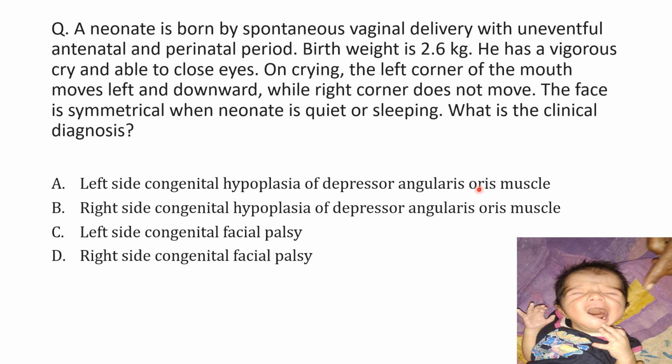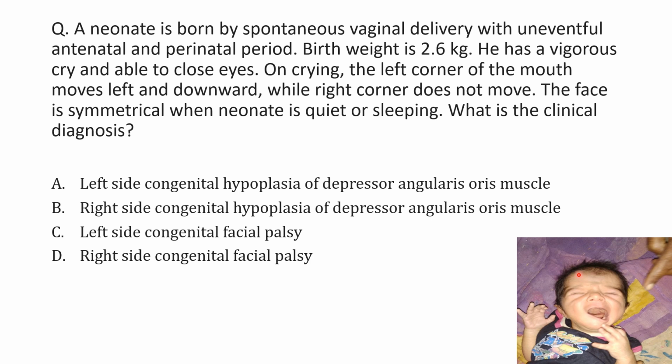Now differentiate these two conditions, either facial palsy or depressor anguli oris. We know in facial palsy, the newborn will have the affected nasolabial fold. Also, the newborn will not be able to close the eyes, and if lower motor neuron, then furrowing will also be affected.